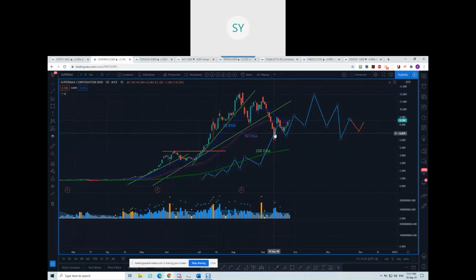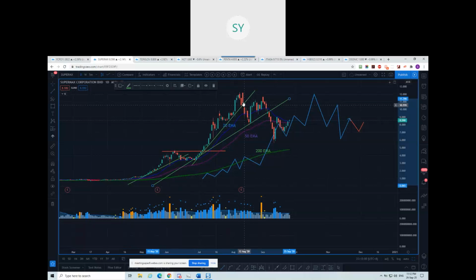As you can see, we have a few uptrend lines that this price is respecting. This one and this one, the second one and this one. Now if you look at this structure, we can see one low start forming, right?